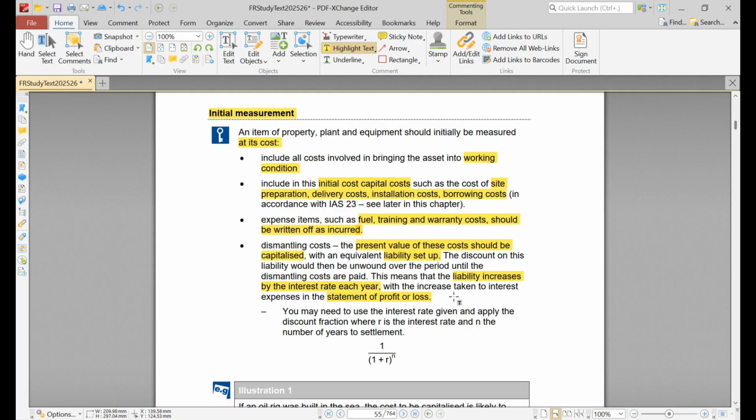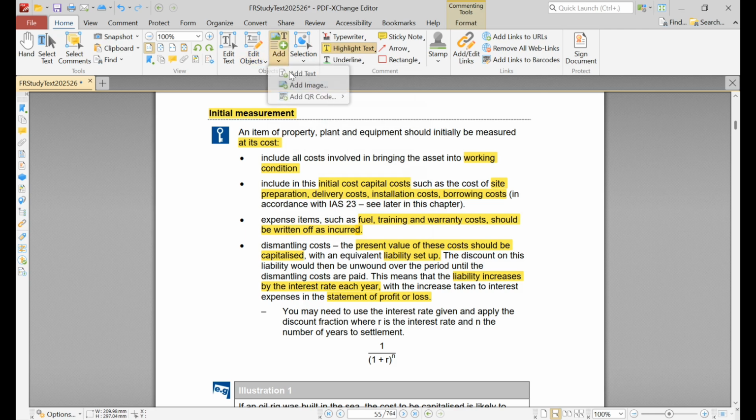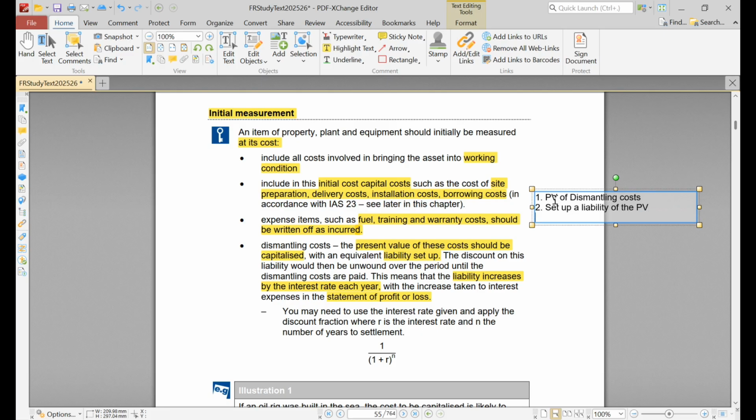All right. So to simplify it, first you need to calculate the present value of the dismantling cost. Second, set up a liability of the present value.